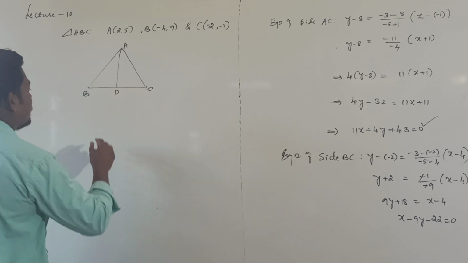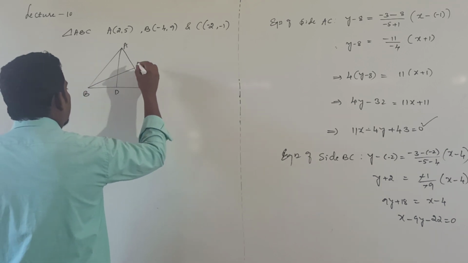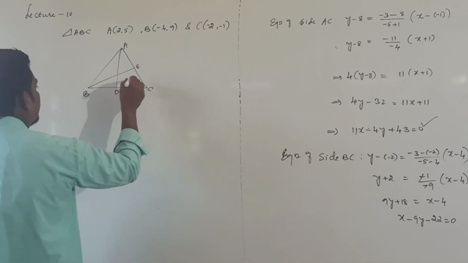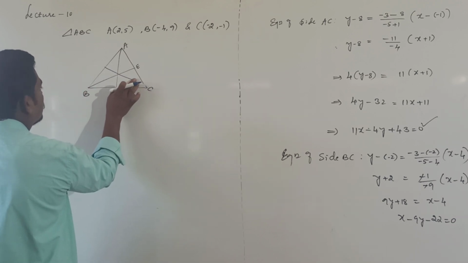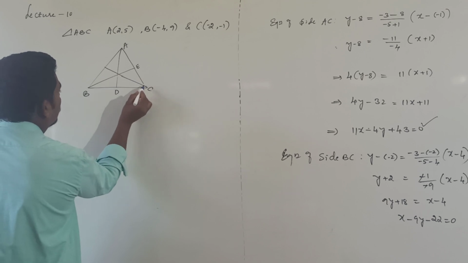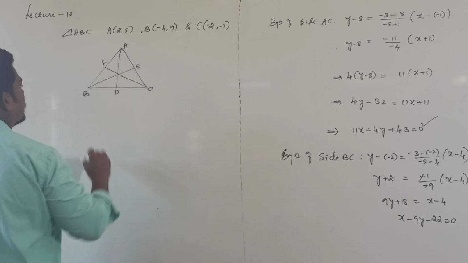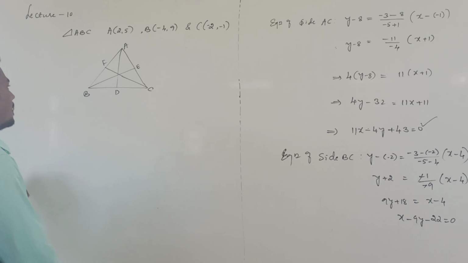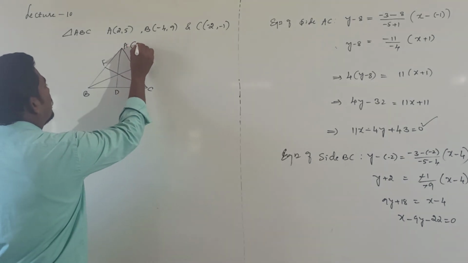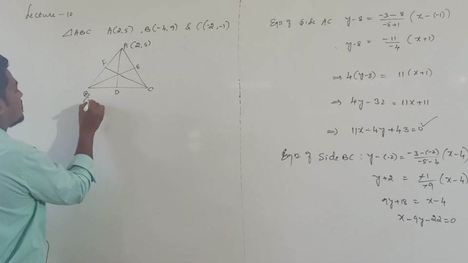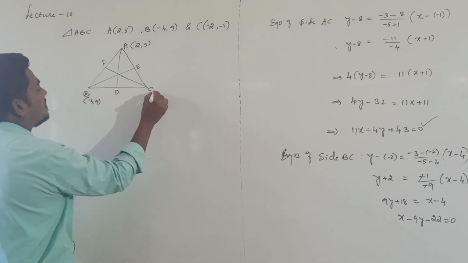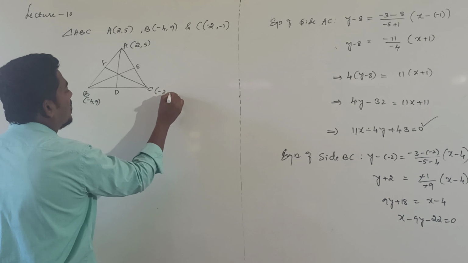This is one median, AD, BE is the other median and CF. Clearly D, E, F are the midpoints. Already they have given A coordinates (2, 5), B coordinates (-4, 9) and C coordinates (-2, -1).